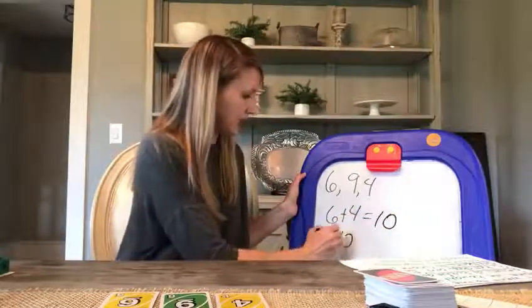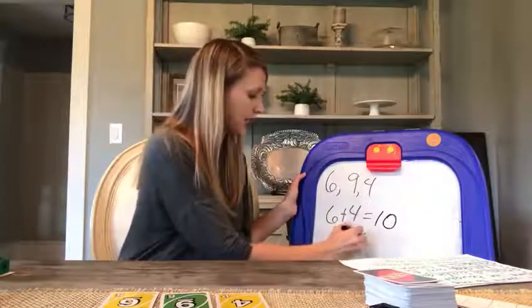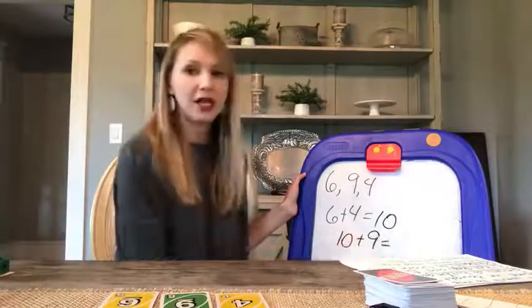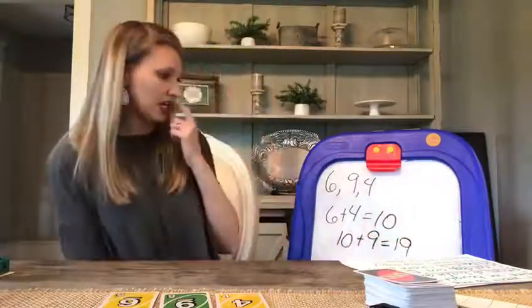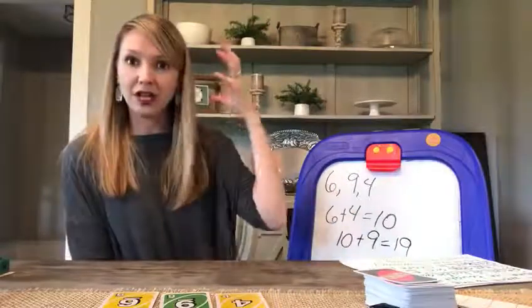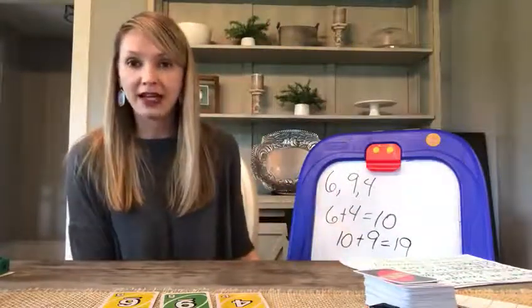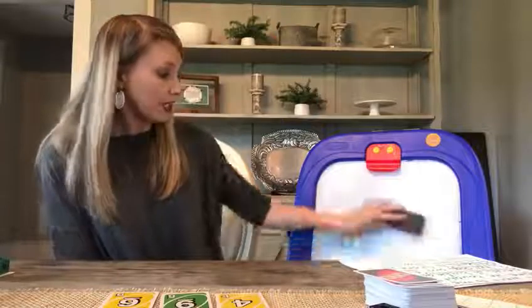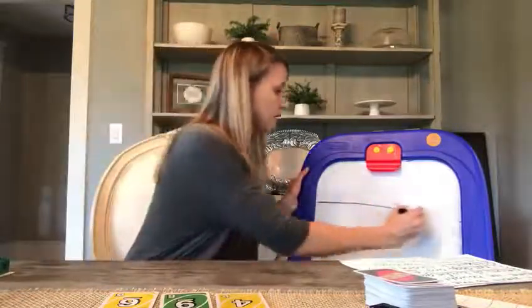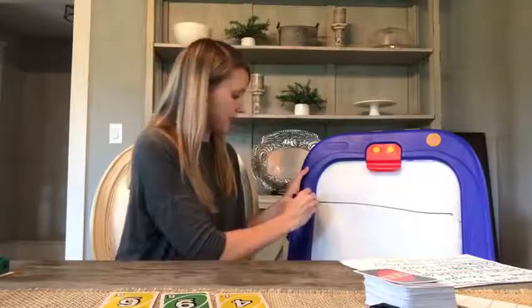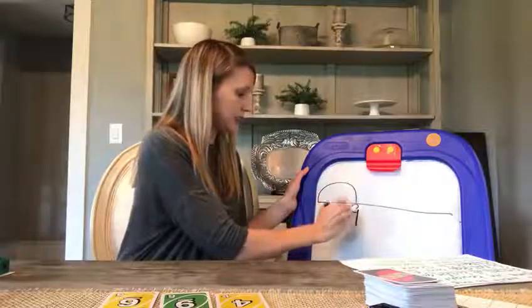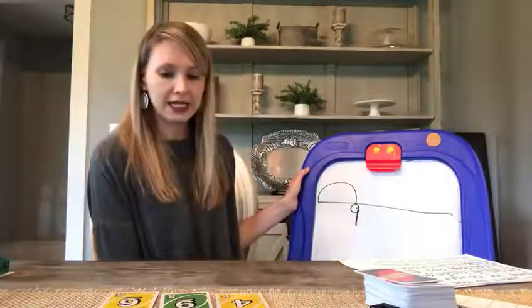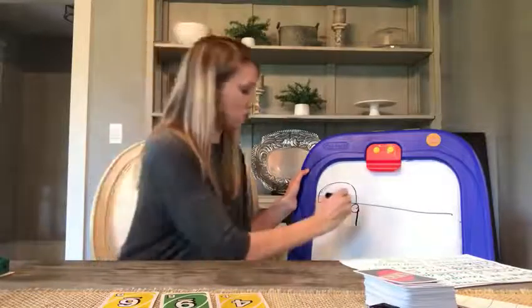And then we still have to add our 9. So that would equal what? 19. Okay. So I was just able to do that because I know what numbers I can add together to make 10. If you don't know that though, you can try a different strategy. You can try your number line. So I'm going to start with my biggest number. So I'm going to hop to my 9. And then I need to add 6 more.